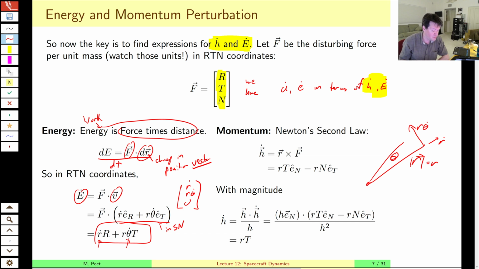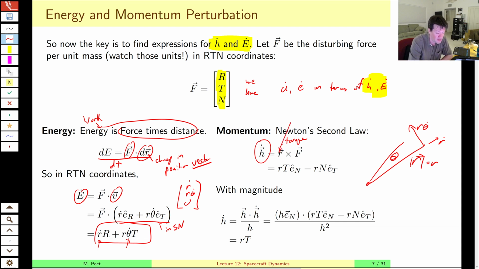Likewise, we look at the angular momentum. Well, what is angular momentum? Rate of change of angular momentum. That's torque, right? So force crossed position vector. Torque, right? Assuming the normalized angular momentum component here.